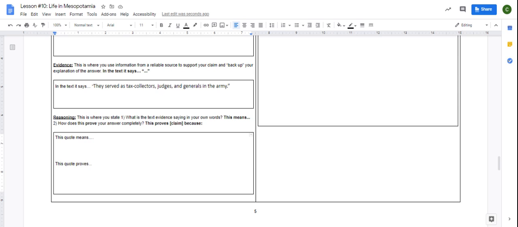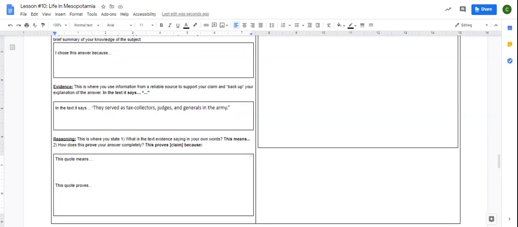First, you need to identify what your quote means to your claim. So I'm going to say, this quote means bureaucrats were able to help the king do his job better. If the king is able to do his job better, then the other social classes are making life in Mesopotamia easy.